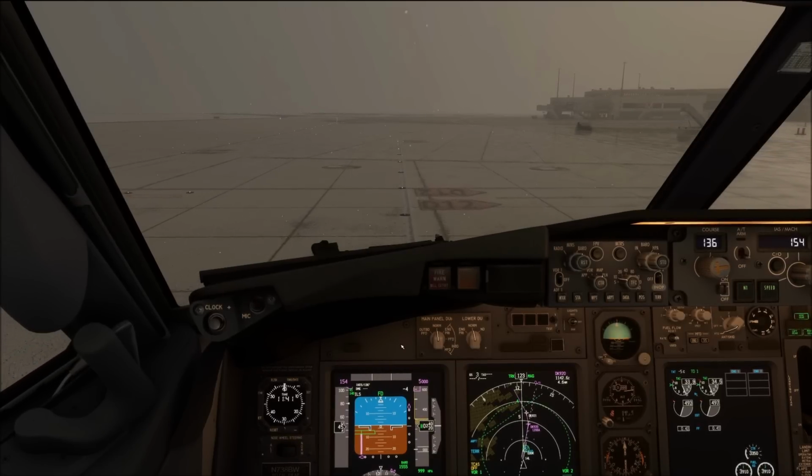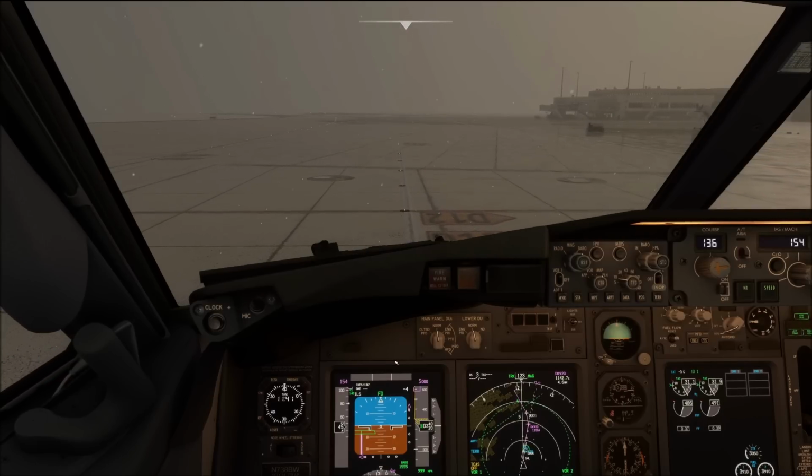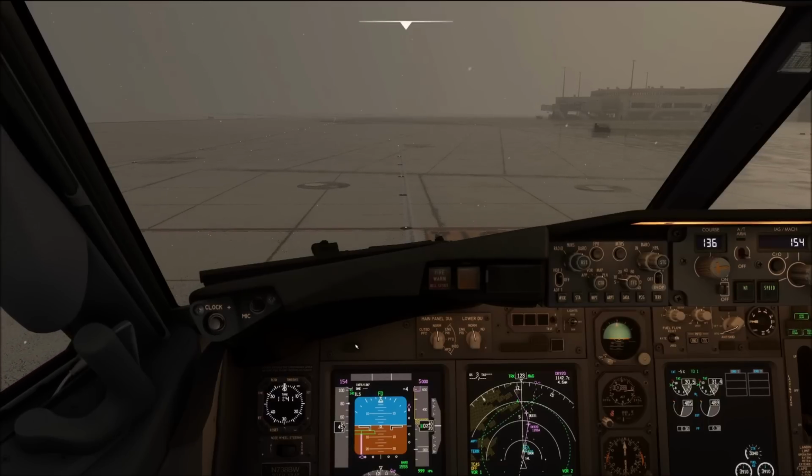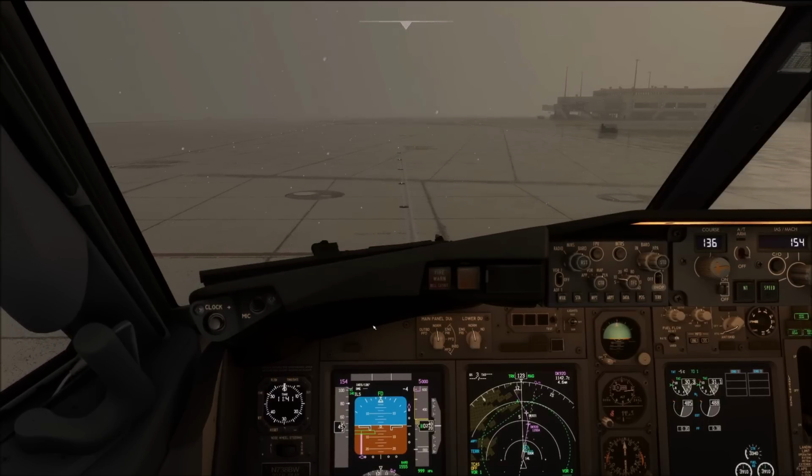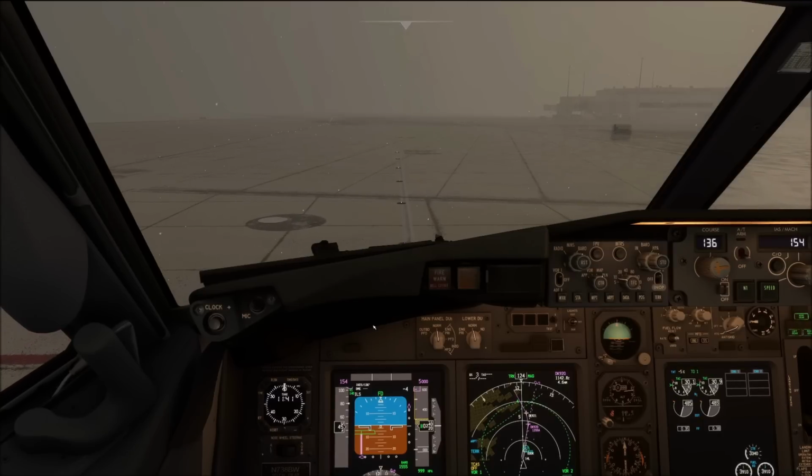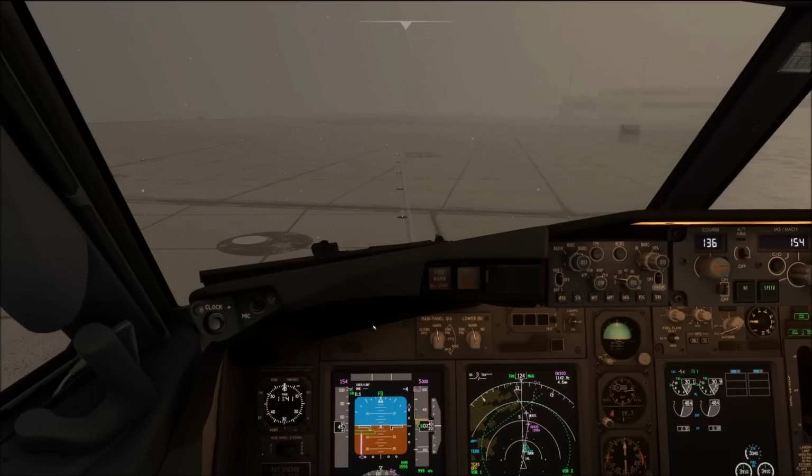Five knots might seem like an awfully slow taxi speed, but be aware that depending on the surface condition of the aprons and taxiways that you are taxiing over, even 5 knots might be too fast. So be aware, 5 knots is a limit, not a target. And personally, I have already experienced aprons being so slippery that even at 2 knots the airplane started skidding and in turns just kept going straight.